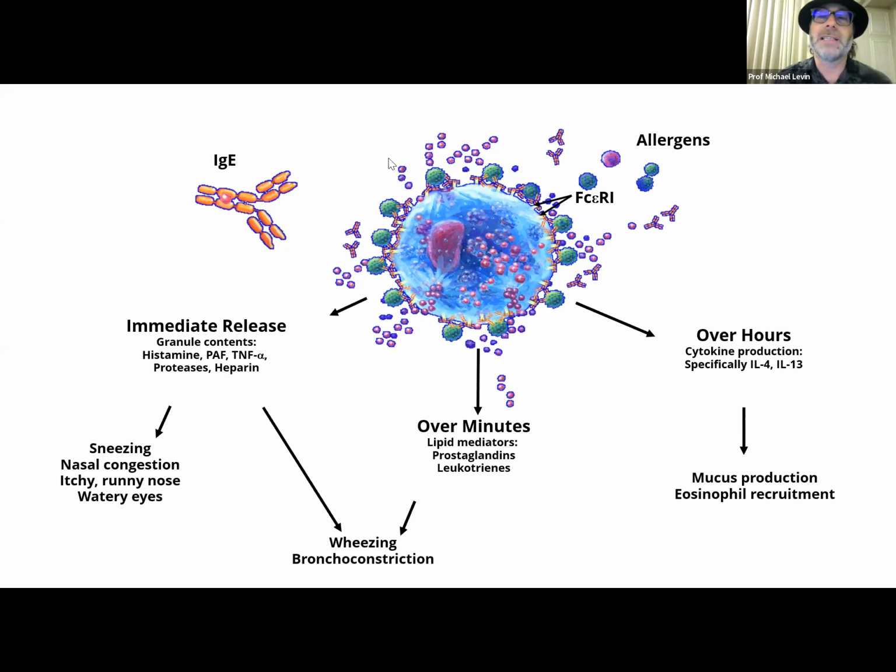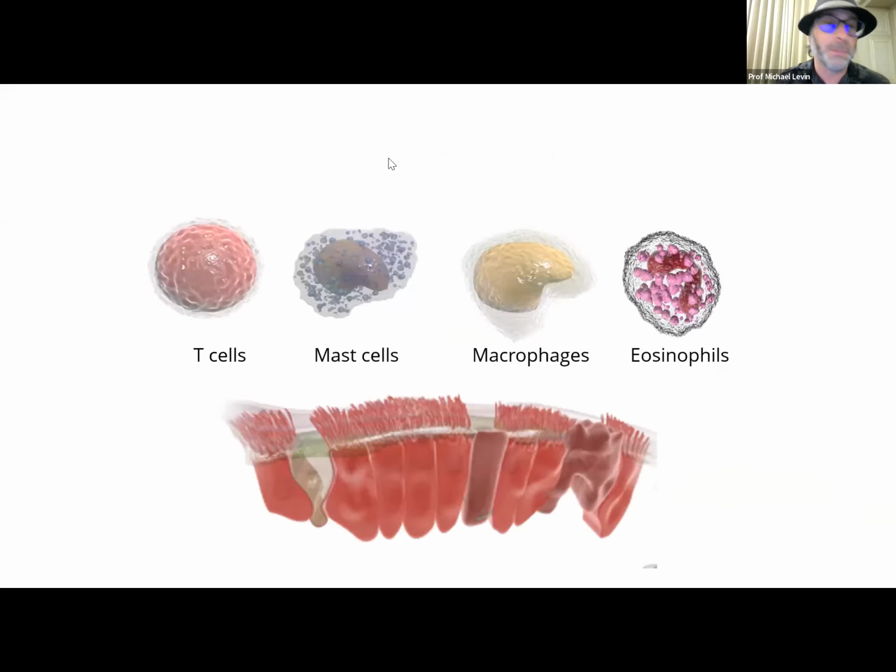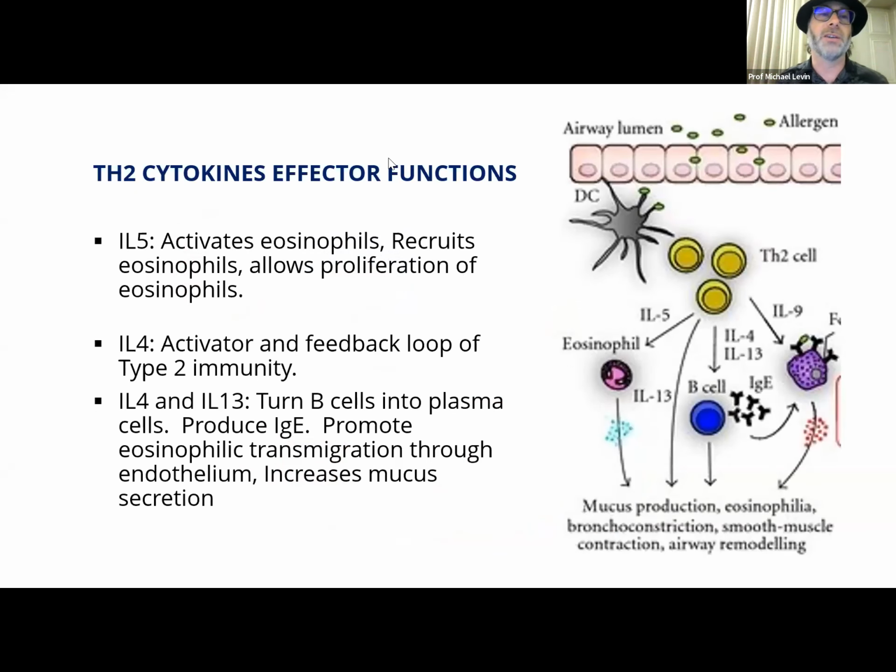But the late phase of the reaction, which takes place over hours, is the production of those effector cytokines, which cause eosinophilic inflammation in those tissues, with swelling and thickness in those tissues, blockage of either the nose or the lungs, and activation of eosinophils, and further recruitment of B cells into plasma cells, and further production of allergen-specific IgE.